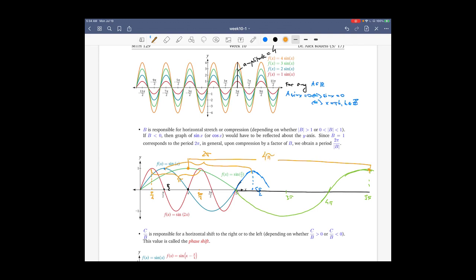So indeed, the period of the green curve is 4 pi, twice the period of the standard blue curve.